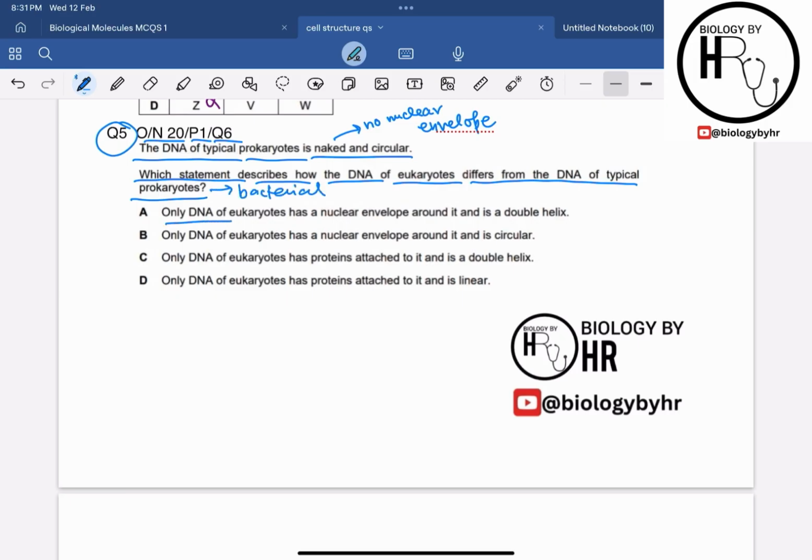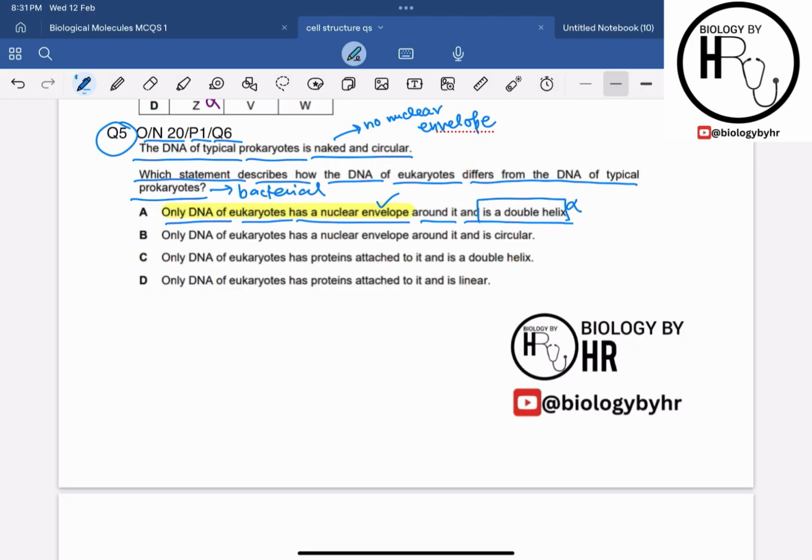Only the DNA of the eukaryotes has a nuclear envelope around it and it is double helix. Okay, only the DNA of a eukaryote has a nuclear envelope around it. Till here the statement is correct, but and it is double helix, this part of the statement is incorrect.